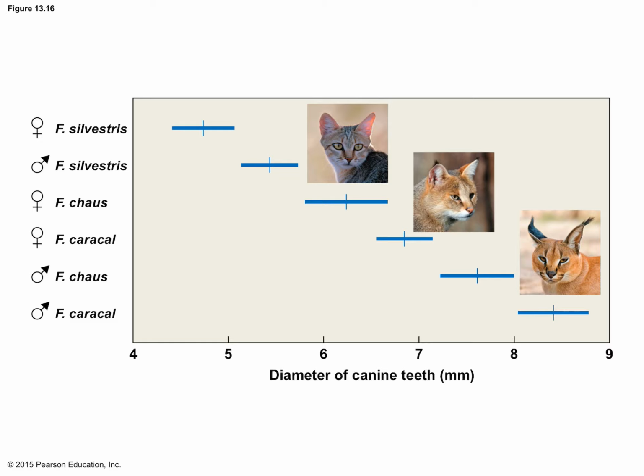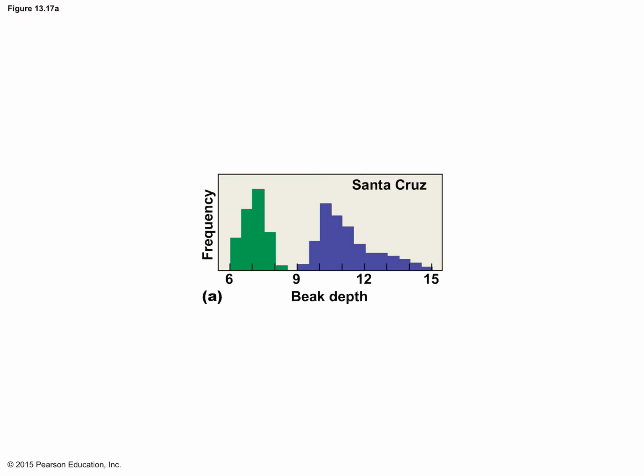So these two species are found together on Santa Cruz Island. On that island, the distribution of beak sizes in the two species does not overlap. So here you see beak depth, and here you see the distribution of beak sizes in one species, I believe that is fuliginosa, and this is in the other species, fortis. Hope I have that right.